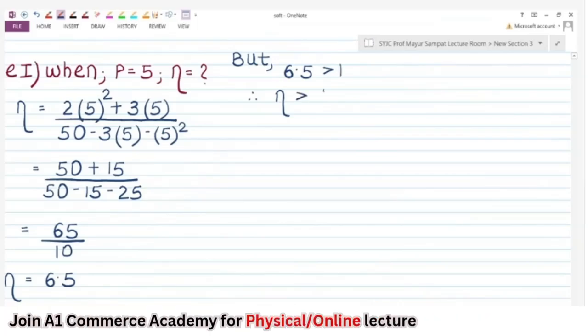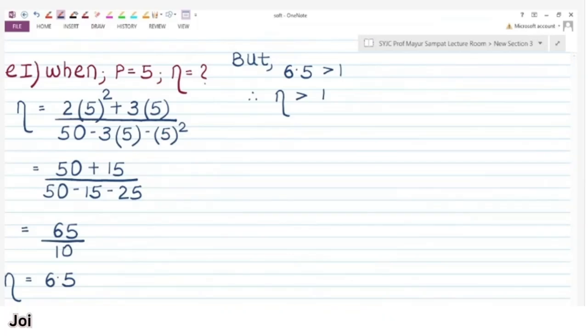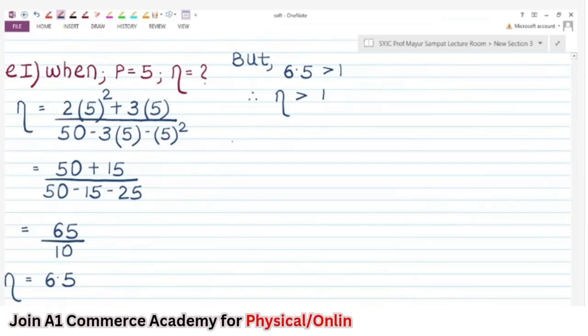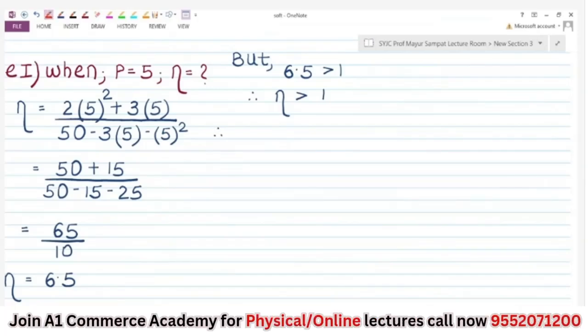So eta is greater than 1. So we see, therefore, conclusion.